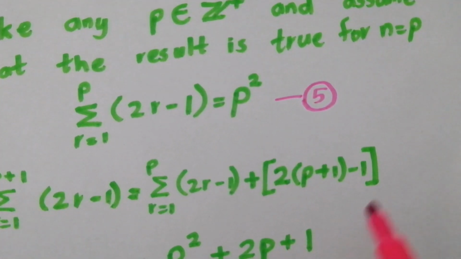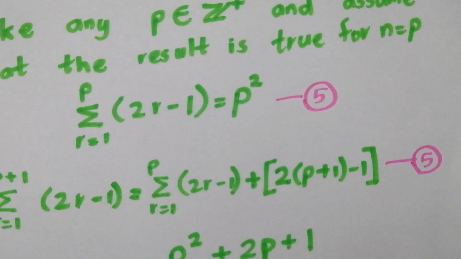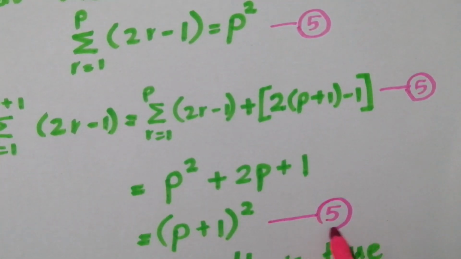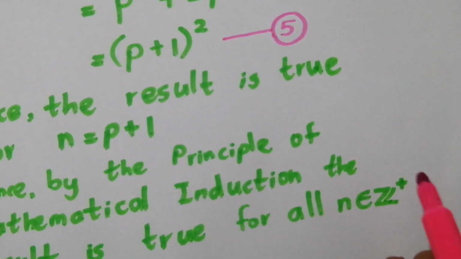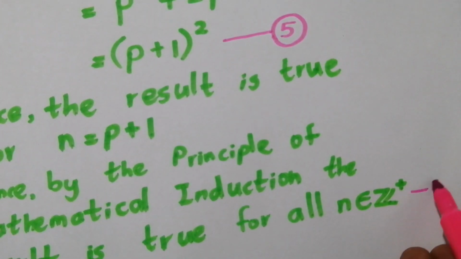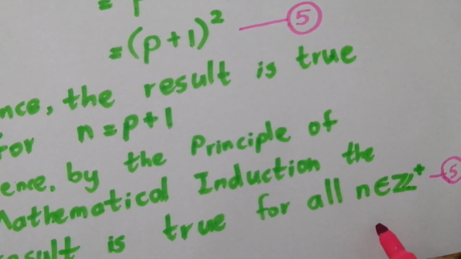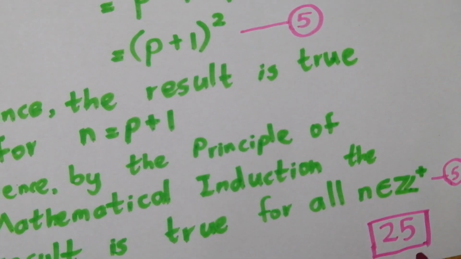Then for the addition of the p plus 1th term, you will get 5 marks, and proving the result is true for n equal p plus 1, you will get another 5 marks. Then finally, writing the expression, you will get 5 marks. Totally, this is a 25 marks question.